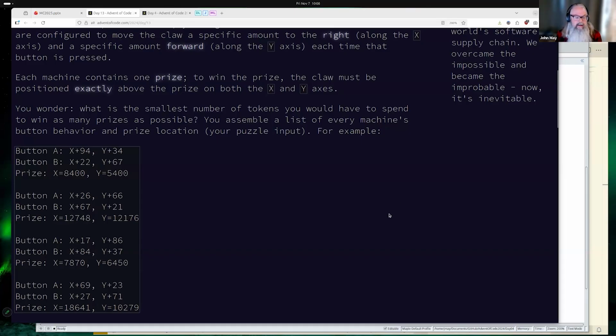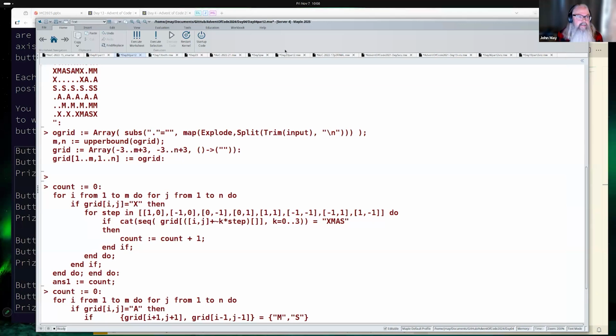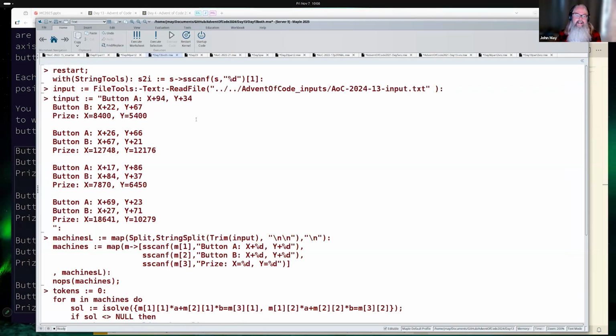So you look at this problem and you're like, I have Maple. The hardest part of this ends up being parsing the problem.